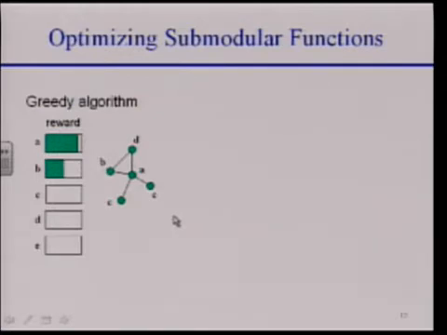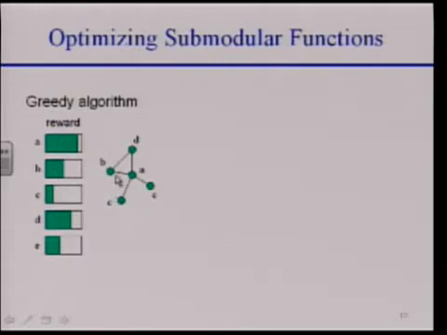And then after I picked A, I look into the additional gain I can have. Then basically, I can choose B or D. Well, but B has 2, right? The additional edge is here. D is the same thing. And C, I don't have anything. E, I don't. So let's say I pick that.